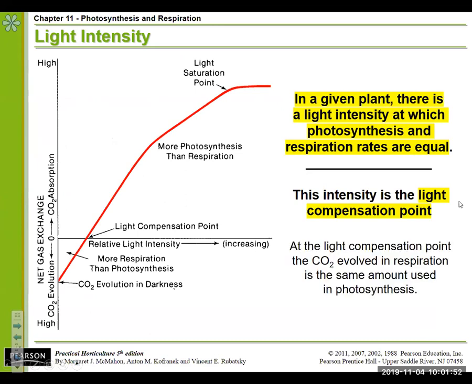And this graph here is basically looking at this light saturation point, where at a certain point we get to where the plant cannot absorb any more light. And all plants are going to have a graph that looks like this.